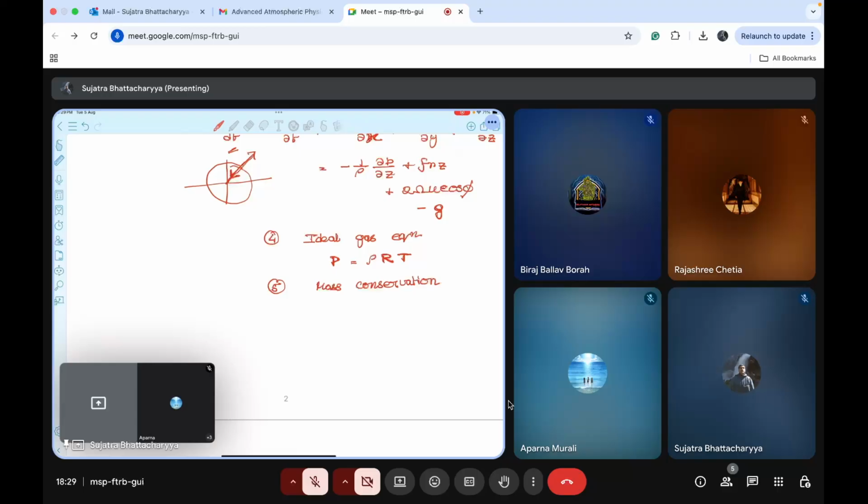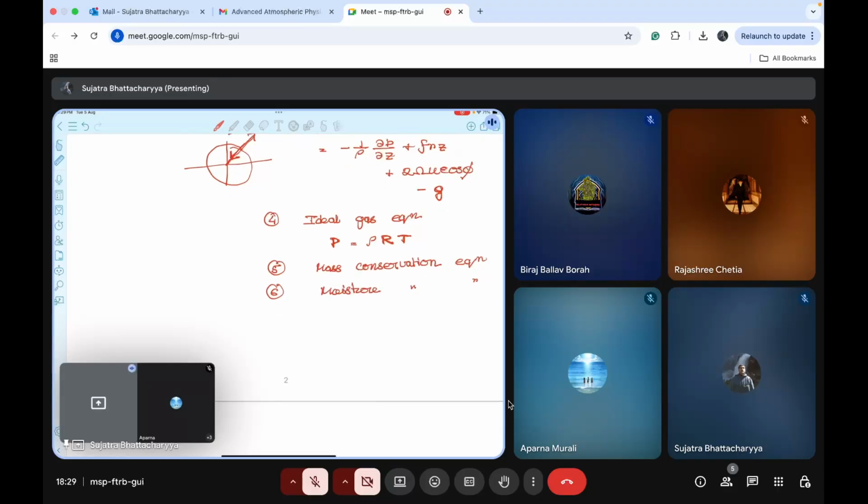The sixth is similar to mass conservation: the moisture conservation equation. And the seventh, which we will see in the next problem solving session, or week 3 where you may have already seen it, is the thermodynamic energy equation.